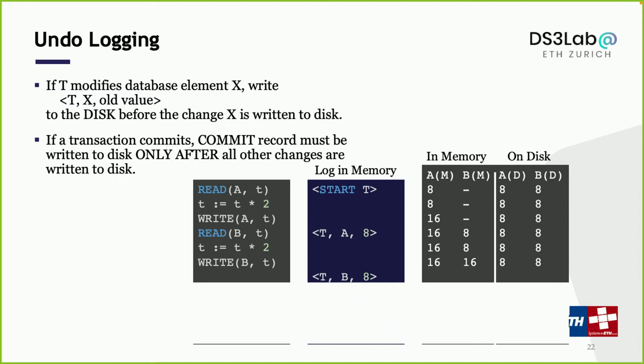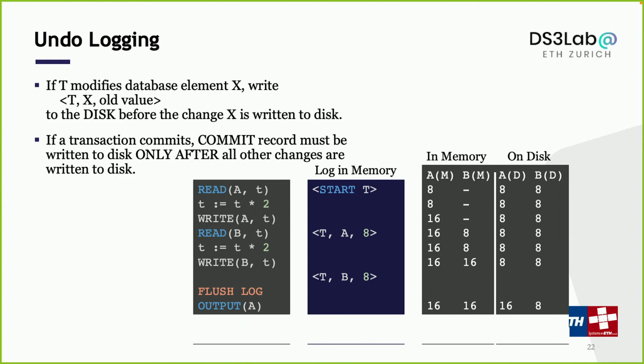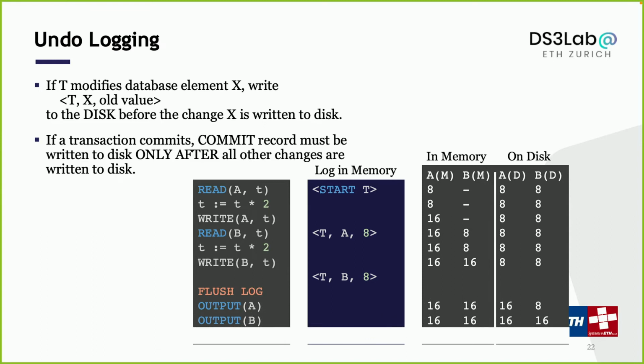The first one is, before this transaction can change anything on disk, the old value needs to be flushed out. So before I can commit, I need to first flush my log. Then everything before this in the log will be flushed to my hard drive. And then I can do my actual updates.